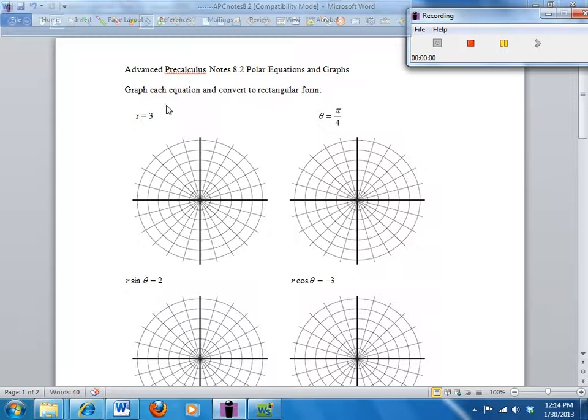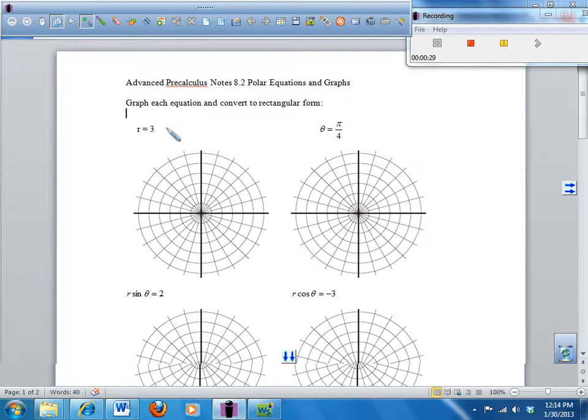Today we're going to be learning about how to graph polar equations by hand and how to change them from polar into rectangular form. So the first one we have here is r equals 3. And all that means is that the radius is always equal to 3.